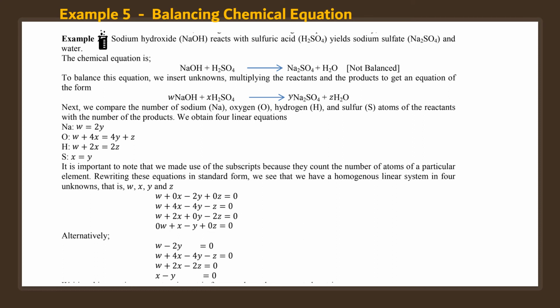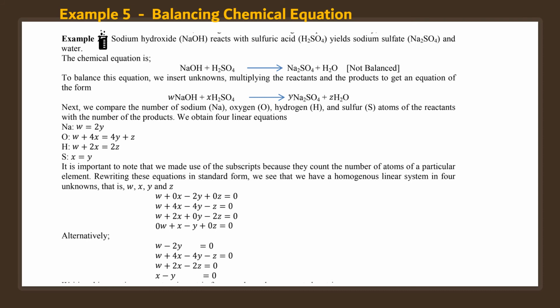This is not balanced. To balance this equation, let us take the unknowns W, X, Y, and Z and consider each atom separately. For sodium, on this side it is W sodium and here 2Y sodium. So W and 2Y must be the same.